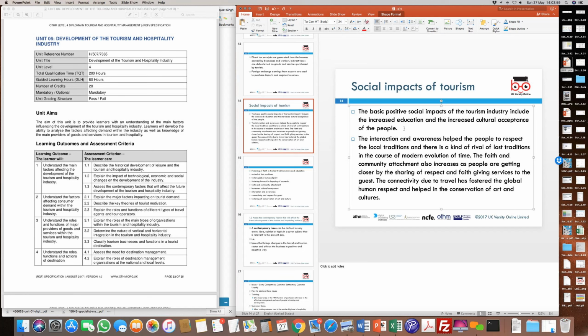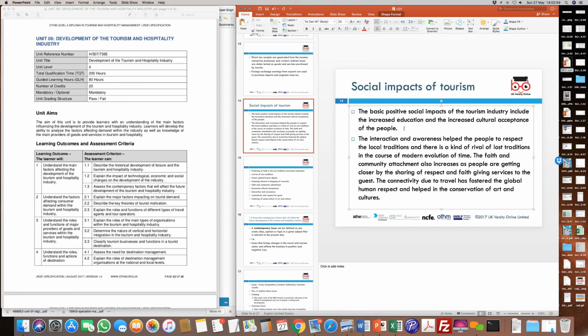Now, what I've done is summarize these impacts in bullet points here. The overarching theme in understanding social impacts of tourism is primarily to look at sustainability, which involves preserving the ethics and local traditions of the community.